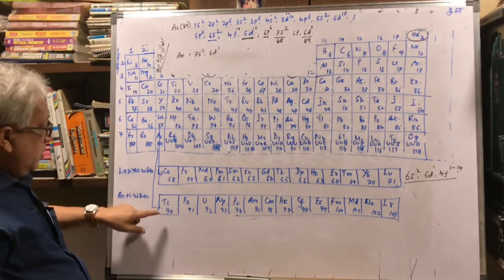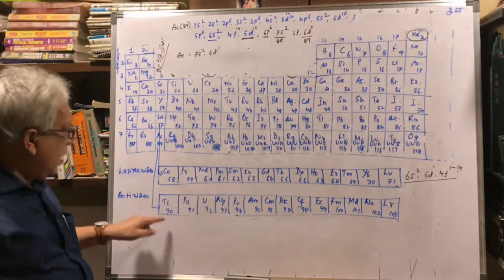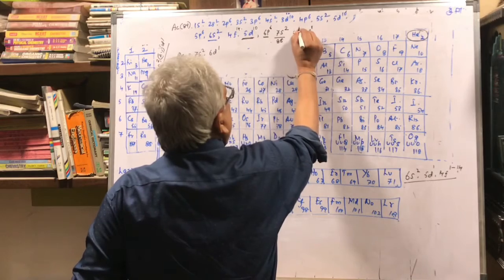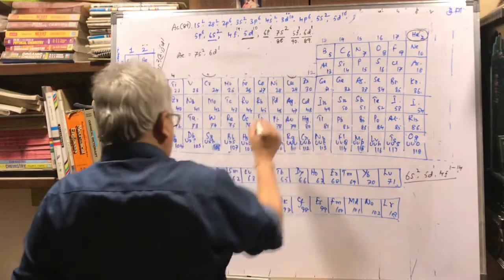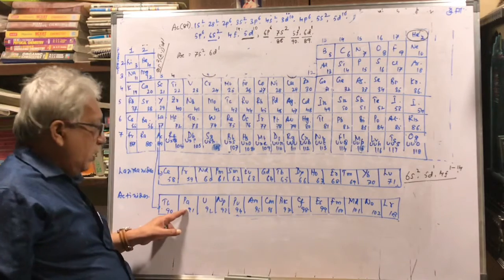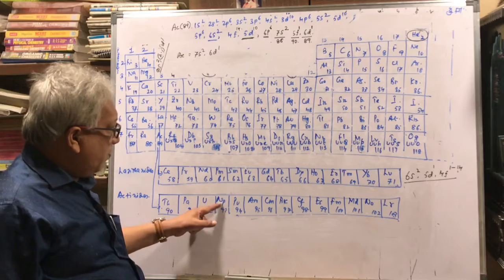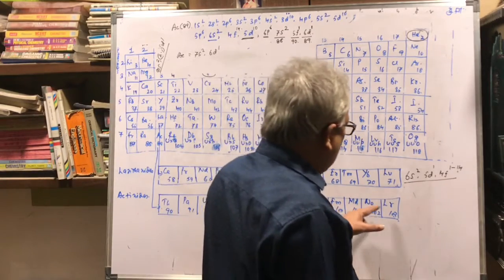Now comes thorium to lawrencium. Thorium says, no, I will fill the electron in 5f. So it becomes 5f1 and that becomes 90. Then the next one, 91, becomes 5f2, 5f3, 5f4, 5, 6, 7, 8, 9, 10, 11, 12, 13, 14.